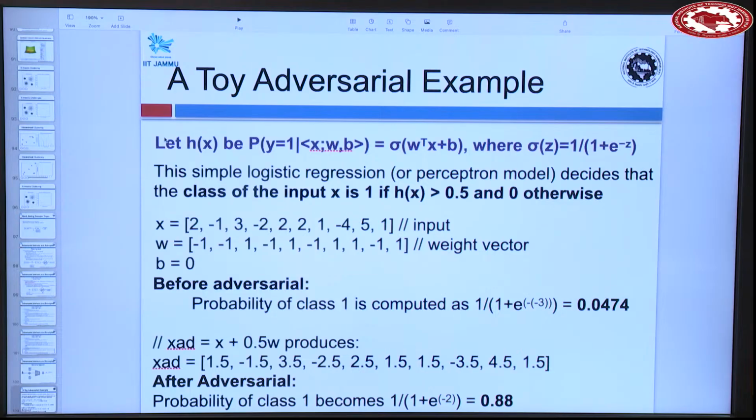So, this is basically one neuron with a sigmoid activation, and it decides the class of the input x is 1 if h of x is greater than 0.5. If you pass the value of W transpose x plus b to the sigmoid and the value you get is greater than 0.5, it is class 1, otherwise it is class 0.